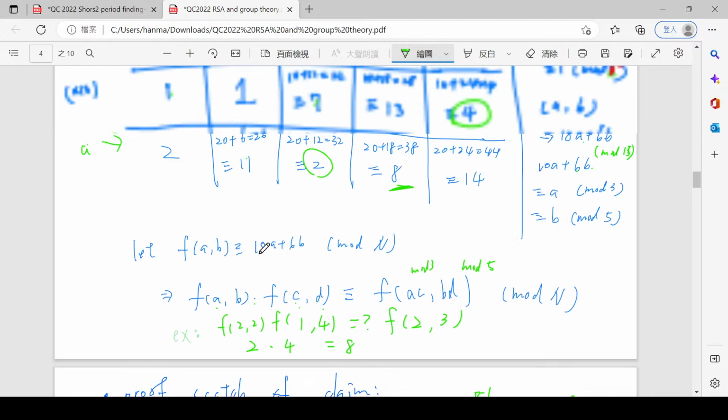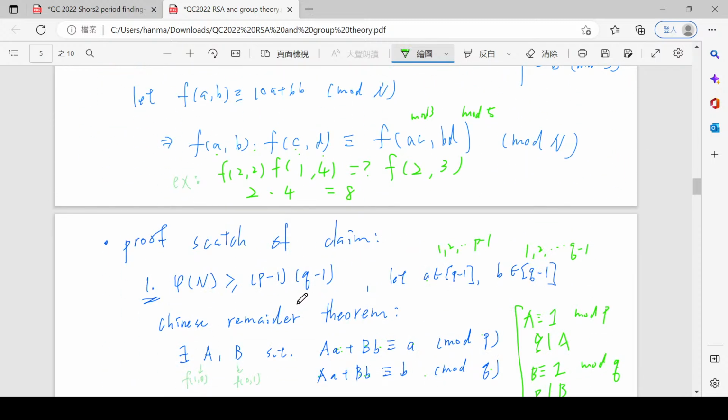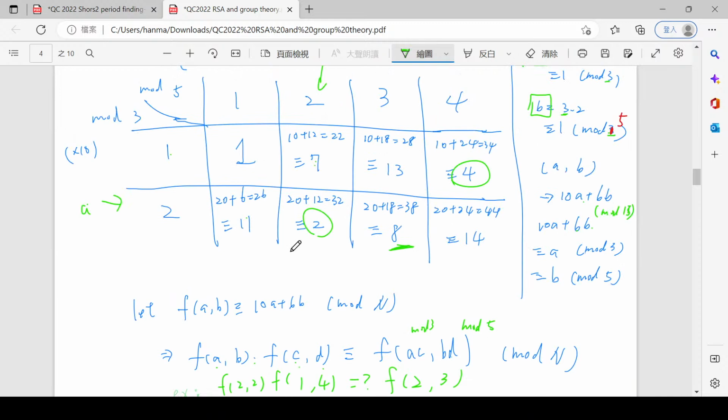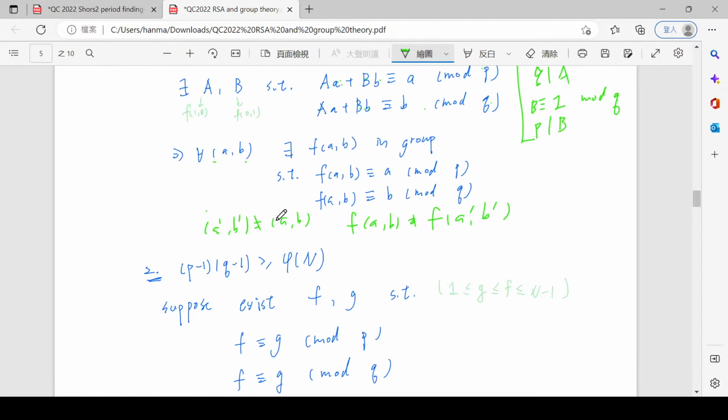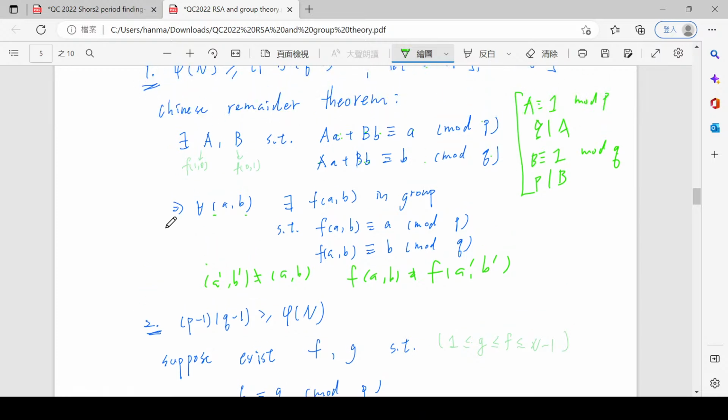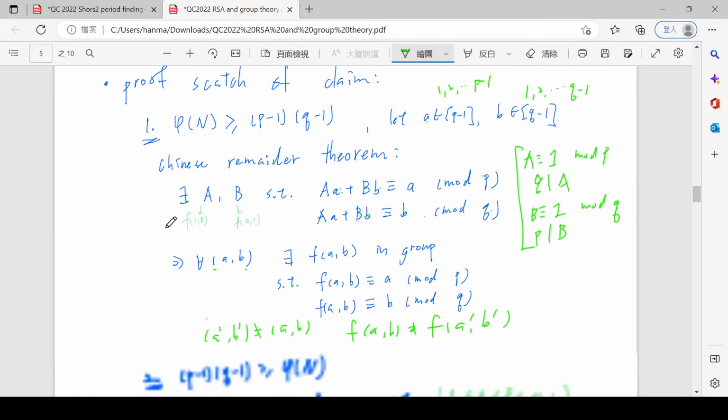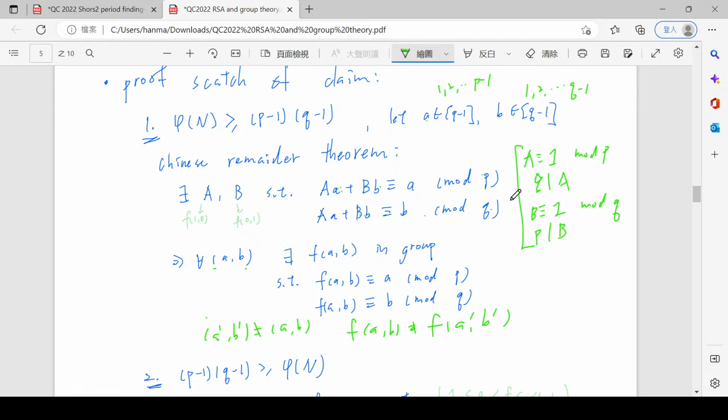So psi n needs to have at least P minus 1 times Q minus 1 elements. Okay? And also all the elements are different by this short proof. Okay? Anyone has a question?